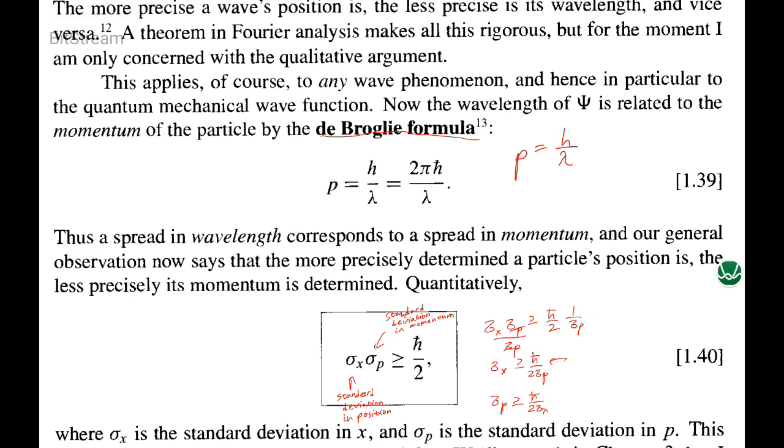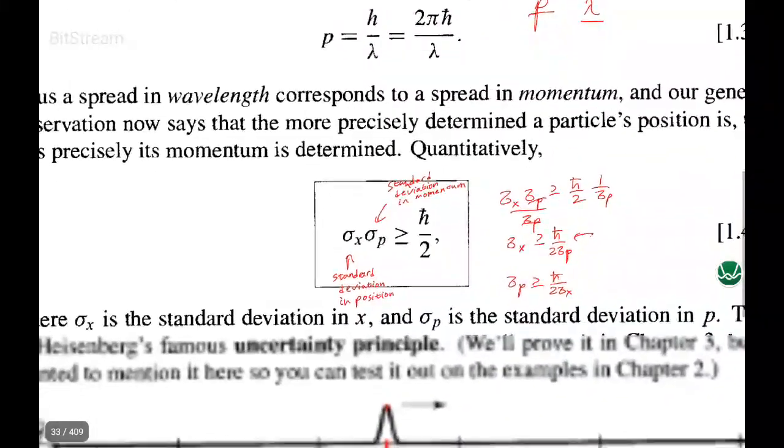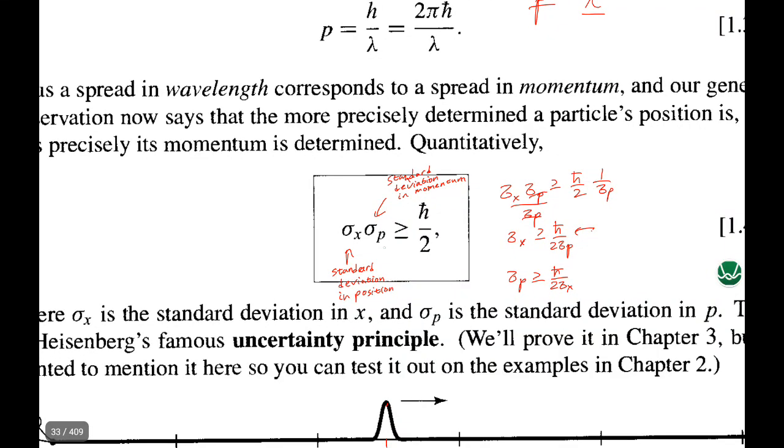So momentum and wavelength are inversely proportional. If momentum is a big number, then wavelength must be a small number, and vice versa. Since those are inversely proportional, that means that we have this trade-off.